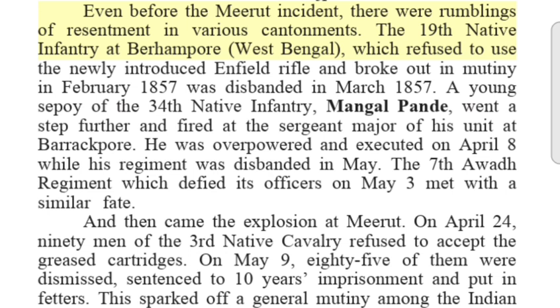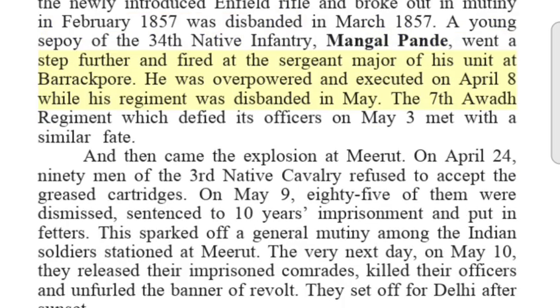The 19th Native Infantry at Berhampur, West Bengal, which refused to use the newly introduced Enfield rifle and broke out in mutiny in February 1857, was disbanded in March 1857. A young sepoy of the 34th Native Infantry, Mangal Pandey, went a step further and fired at the sergeant major of his unit at Barrackpore.